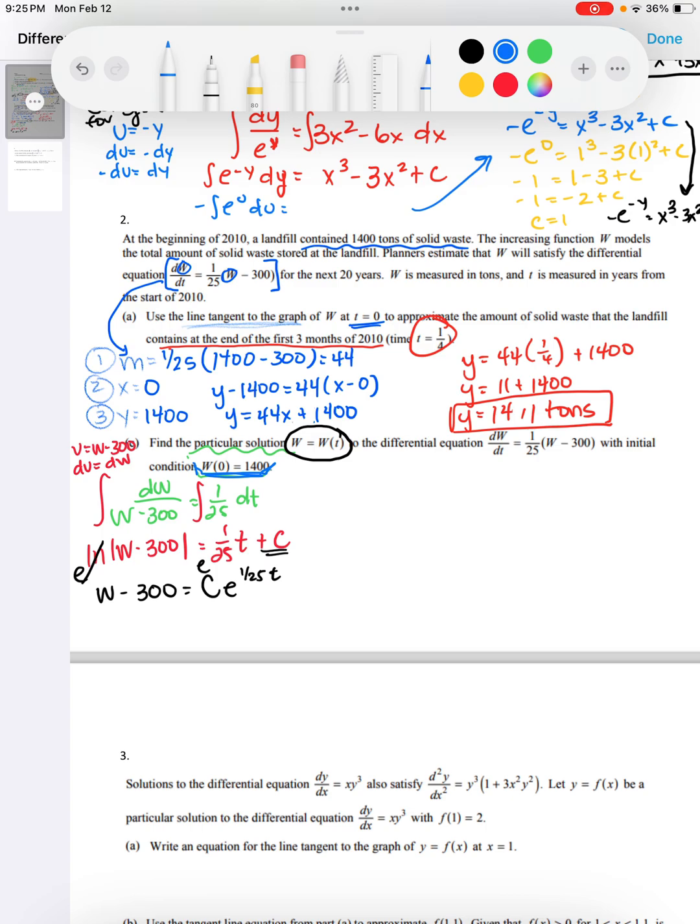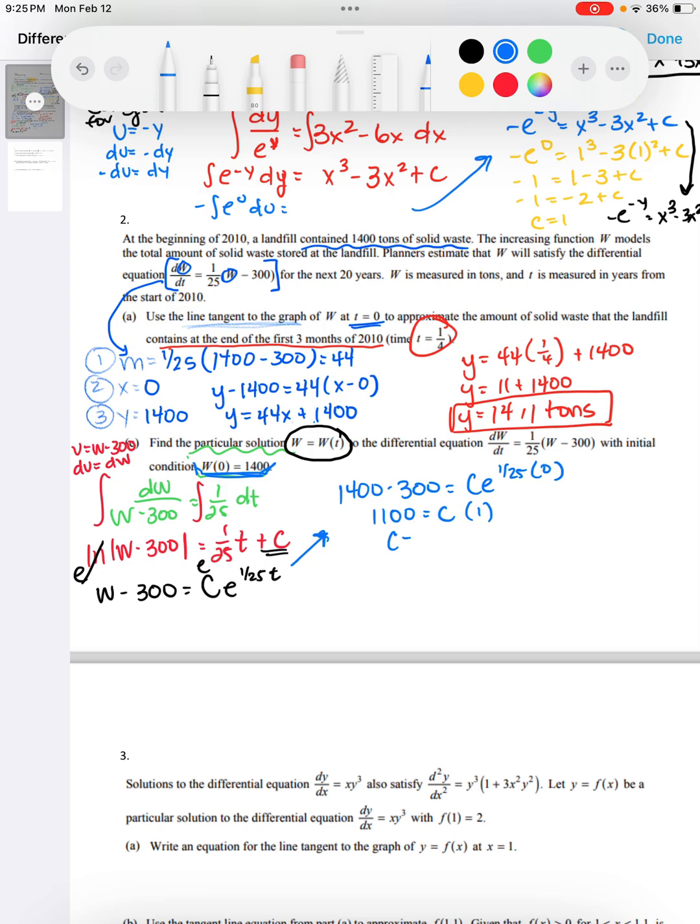So right here looks like a good spot for me to plug in and solve for C. So I have 1,400 minus 300 equals C e to the 1/25 times 0. This is going to give me 1,100 equals C, and e to the 0 power is always 1.